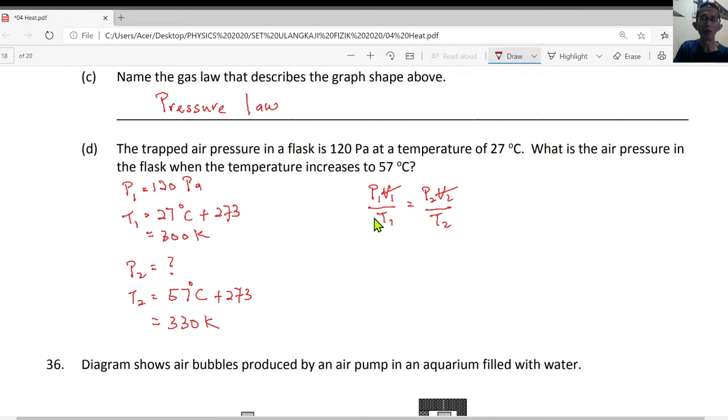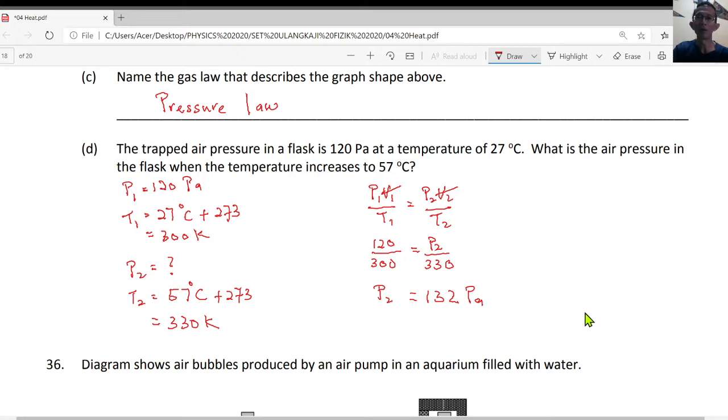P1 is 120, T1 is 300, equals P2, which we don't know, and T2 is 330 Kelvin. So now we can calculate our P2. My P2 here is 132 Pascal. Easy, right?